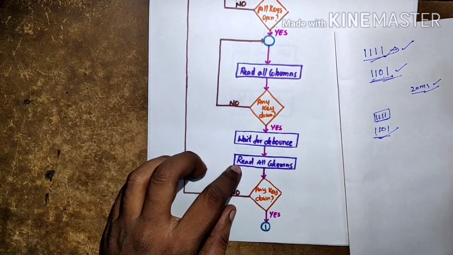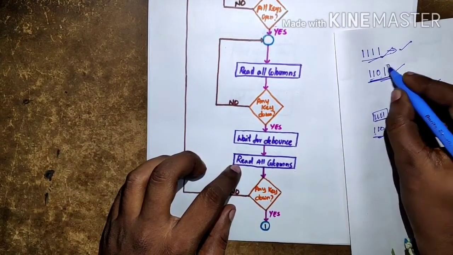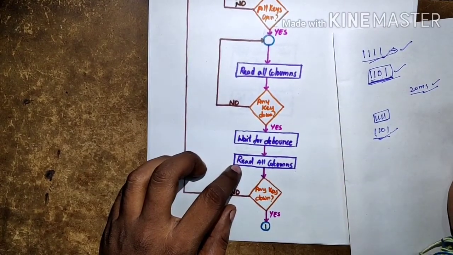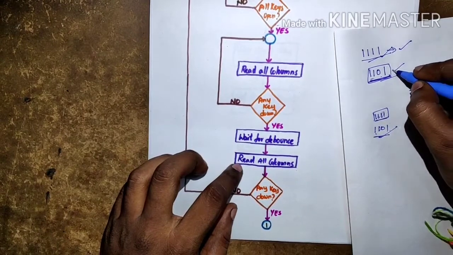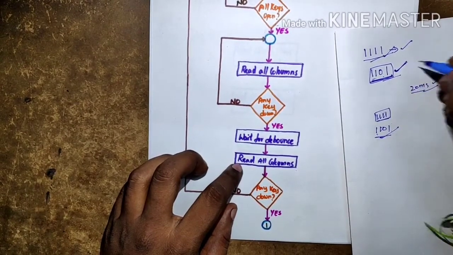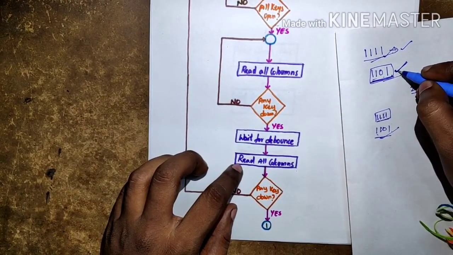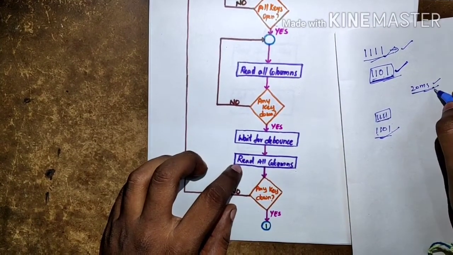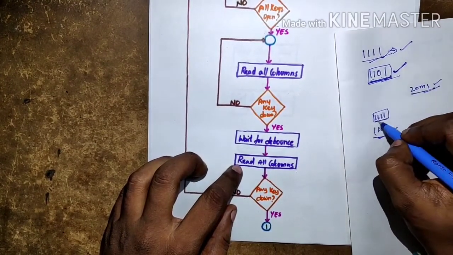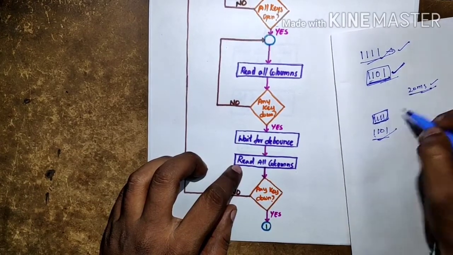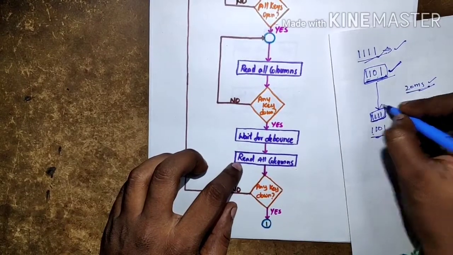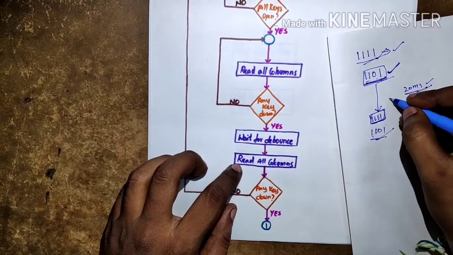This particular change in column has occurred due to spike noise. The spike noise will not remain until 20 milliseconds, so our column values will go back to all ones if there is a spike noise. This condition comes whenever there is a spike noise.